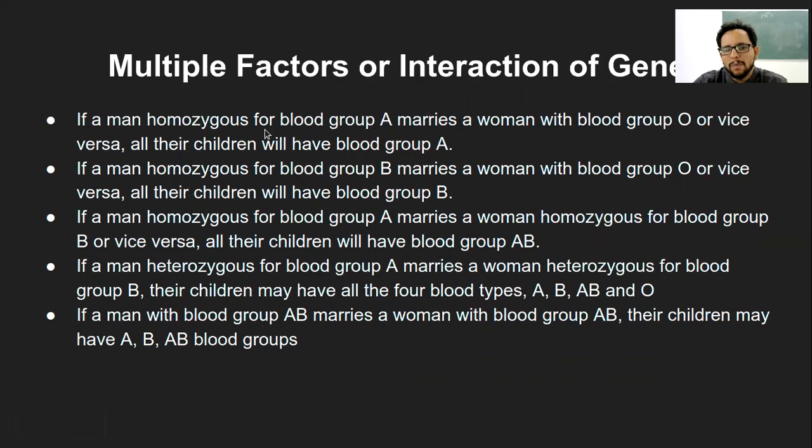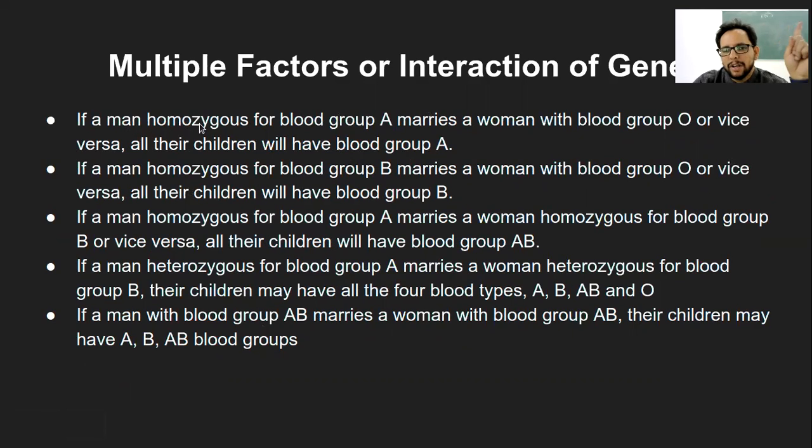If a man is homozygous for blood group A, that means it can only be IA IA. If it is IA IO, it will be heterozygous.